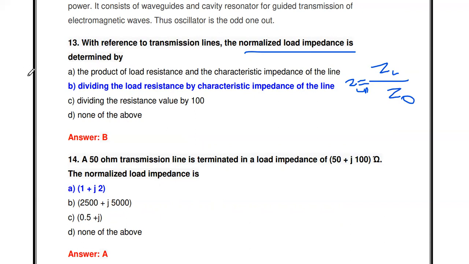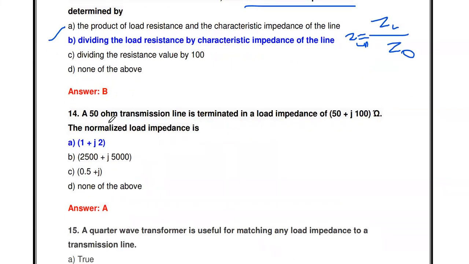Dividing the load impedance by the characteristic impedance of the line is called the normalized load impedance. Okay. Then the next one: a 50 ohm transmission line is terminated in a load impedance of 50 plus j100 ohms. So the normalized load impedance is dash.